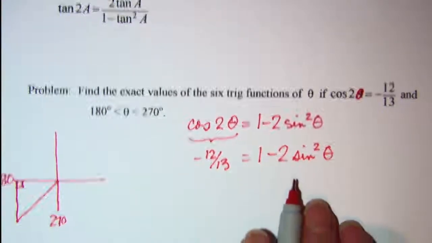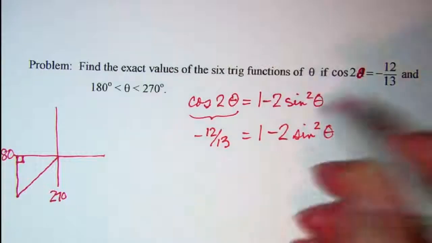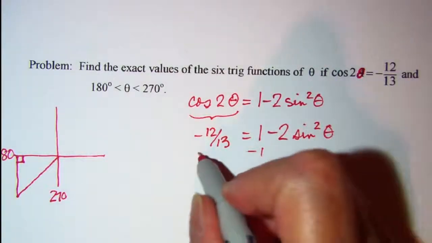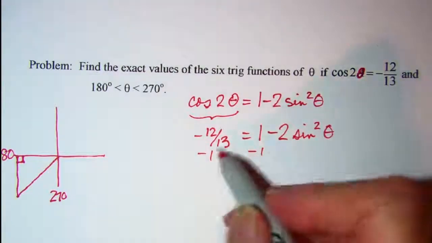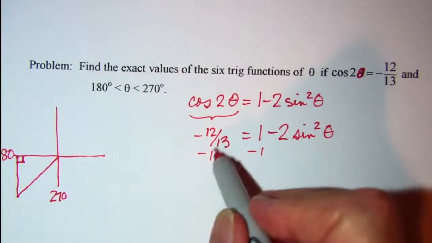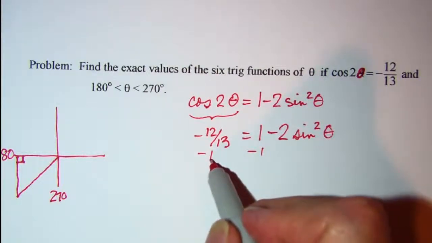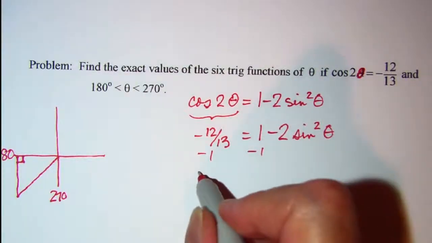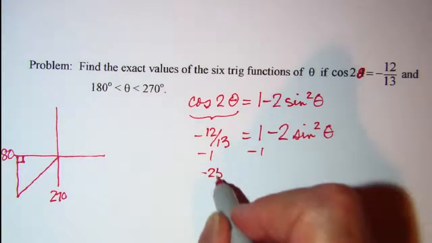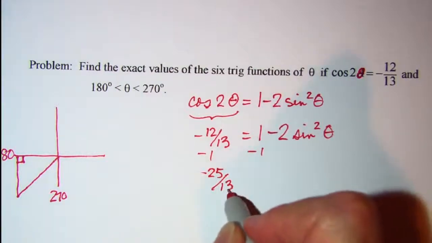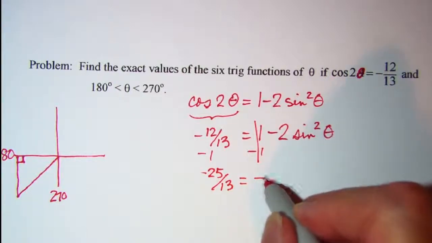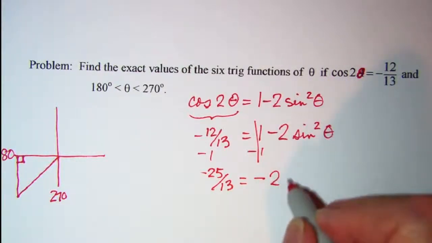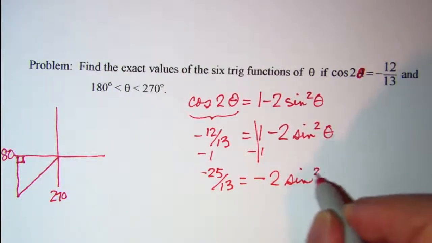Now I just need to solve for theta, so I'll subtract 1 from both sides. When I do that, I get negative 12 thirteenths minus 13 thirteenths, and that'll be a negative 25 thirteenths on the left side. And these will cancel, and I have equals a negative 2 sine squared theta.